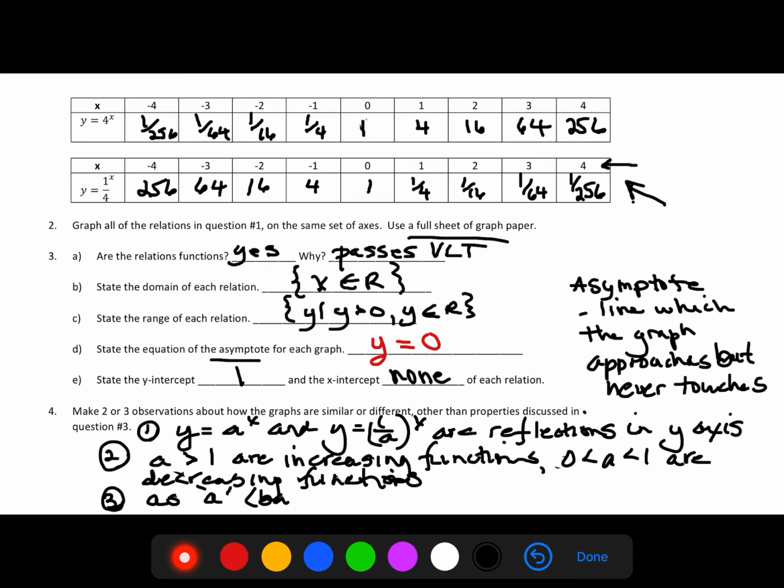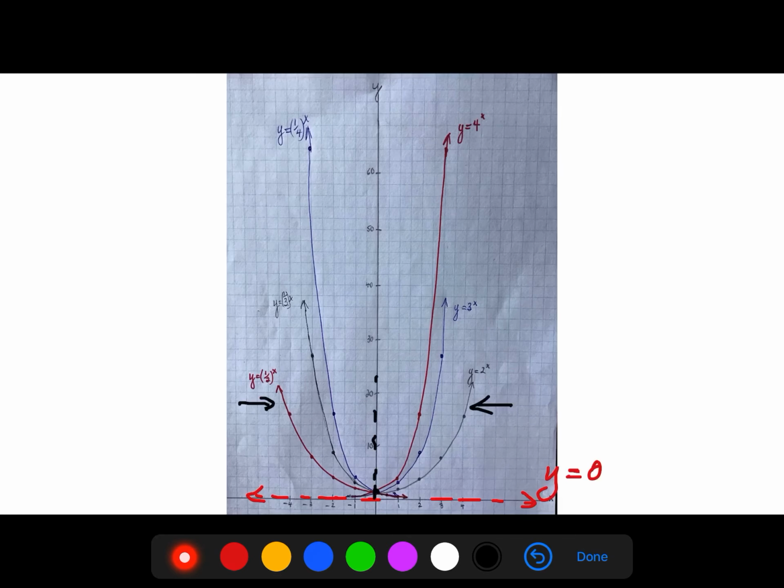And we also want to make note of, as our base gets bigger, our graphs get taller. They increase for our numbers greater than 1 at a quicker rate.